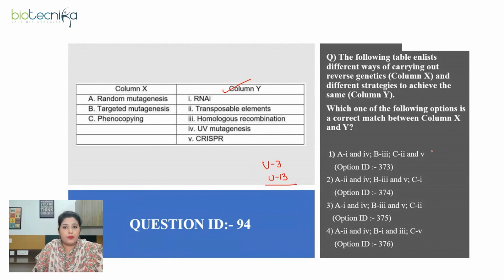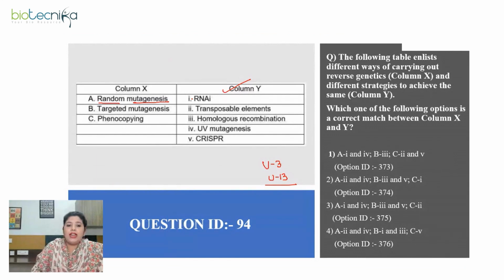These are the options. When I use the term random mutagenesis, a random mutation is required, so not targeted. That means we need something which can induce mutations randomly.